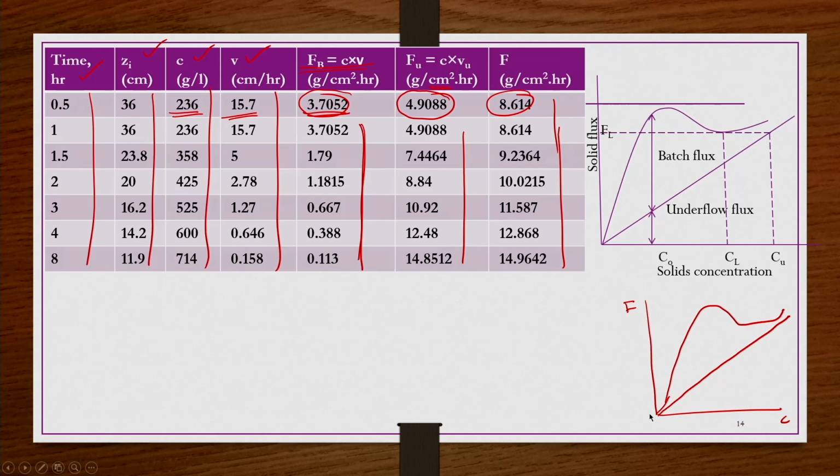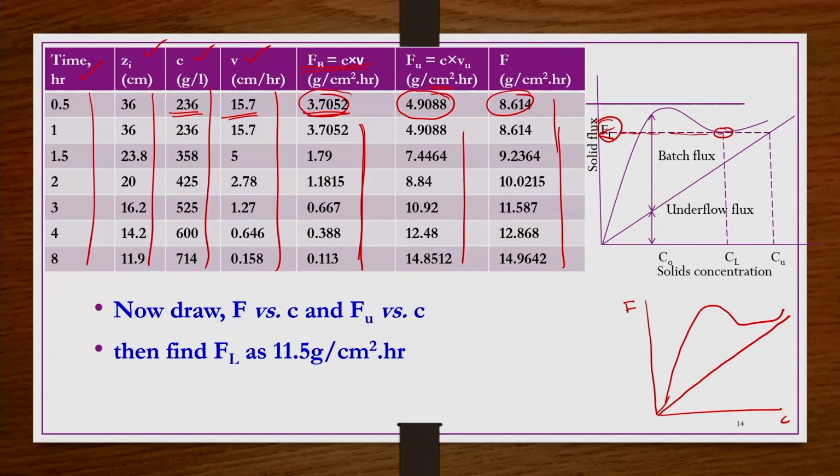There would be some point where the flux is the minimum. The lowest flux point is nothing but the solid flux of the rate limiting layer, FL. So that FL you simply substitute, and in this case you will get 15.5 gram per centimeter square hour.